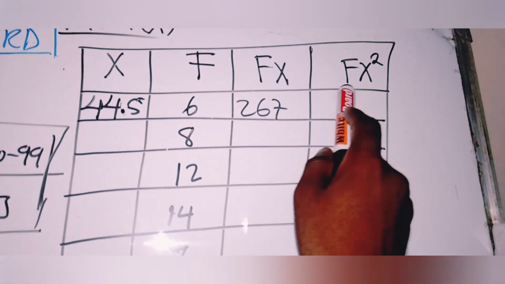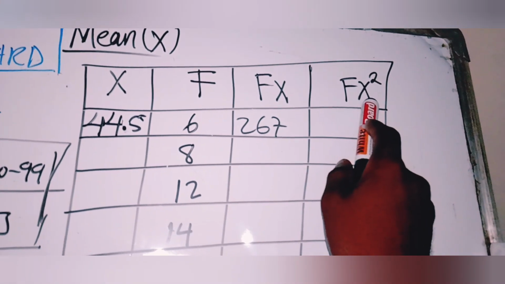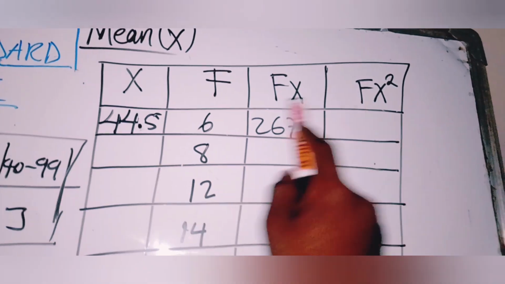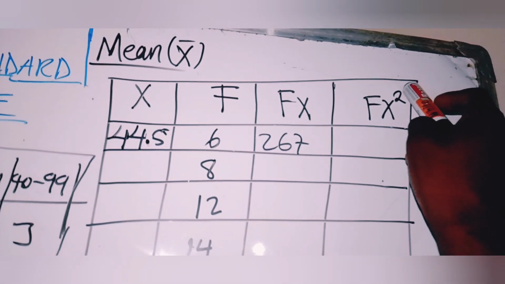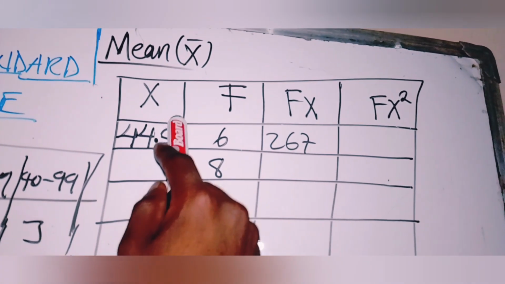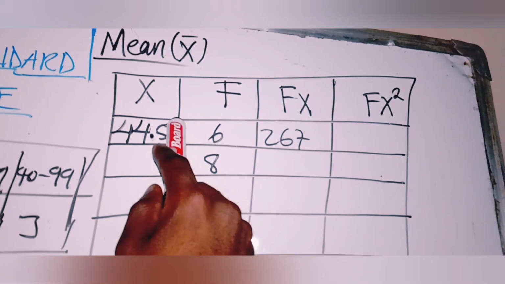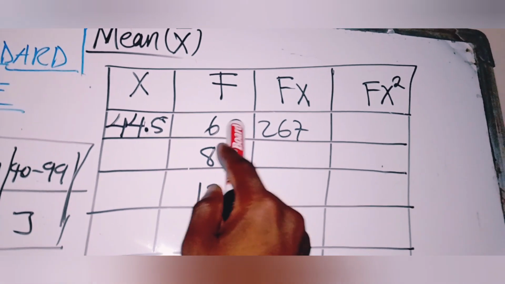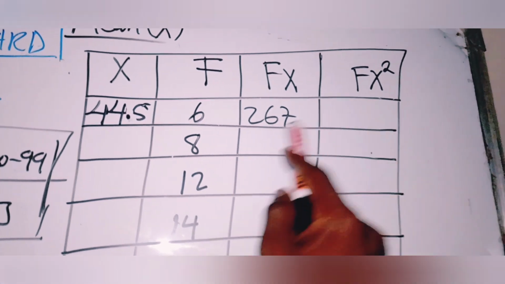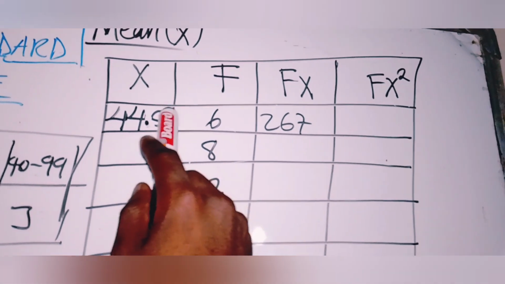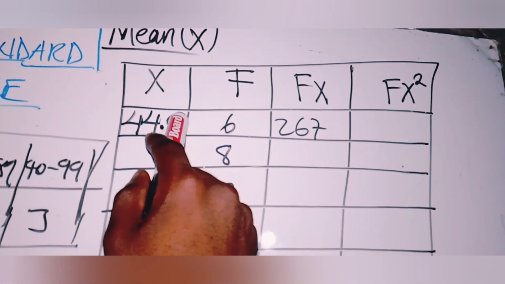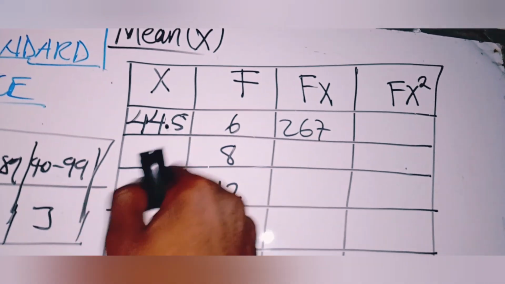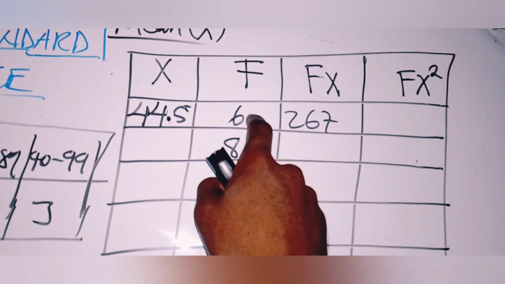So now fx squared, don't get confused, f is 6. Now x is 44.5. Now x squared means 44.5 squared. So 44.5 squared times 6, that's the answer we're going to put here. Not this times this squared, no. 44.5 to the power 2 times 6.